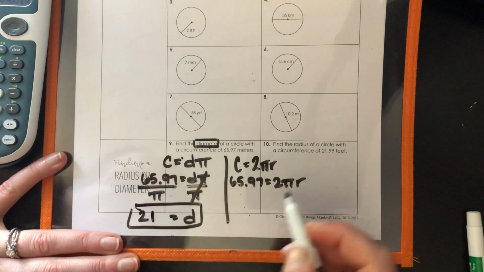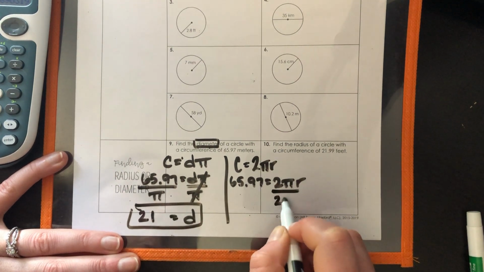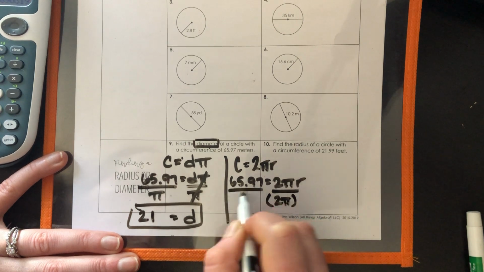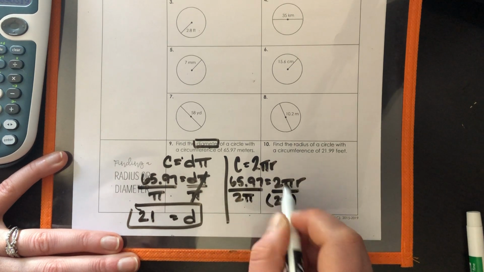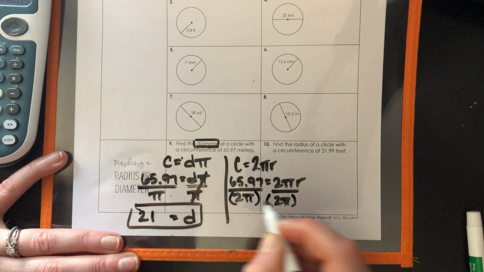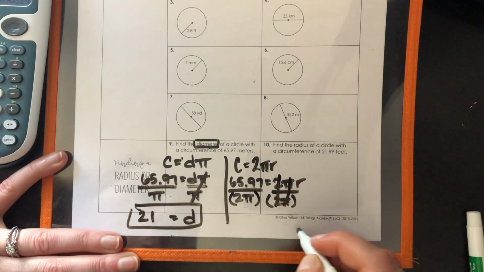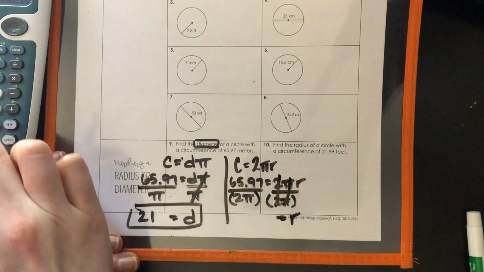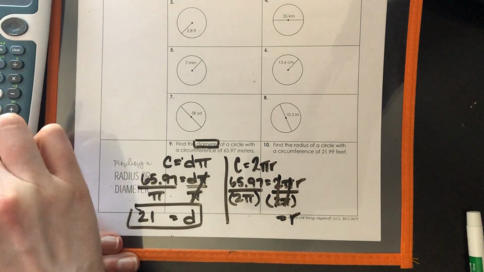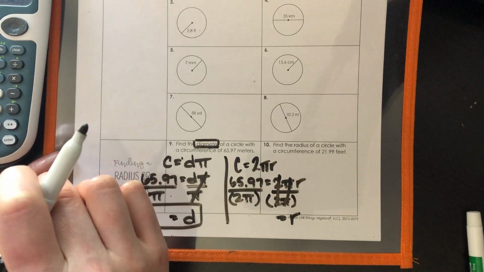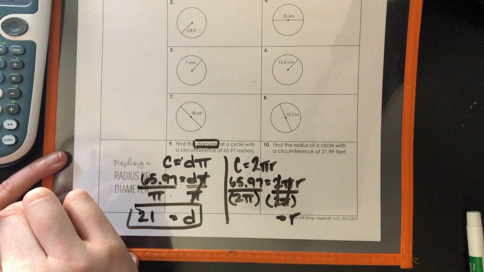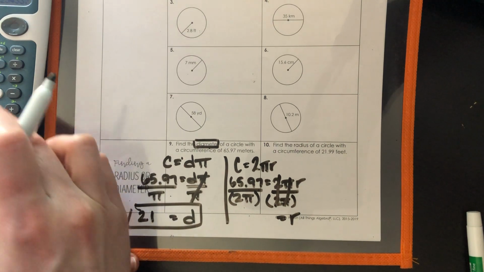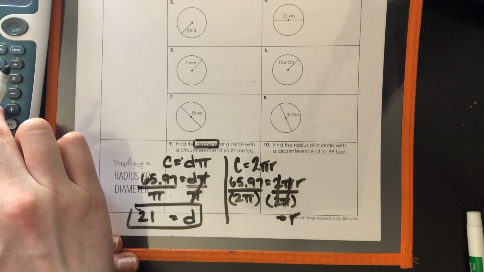But let's check if you did it the other way. Make sure though, if you do it at the same time, divide by 2 and pi, you put parentheses in your calculator. And if I put that in my calculator, let's see, 65.97 divided, yep, see, I didn't put parentheses around it.